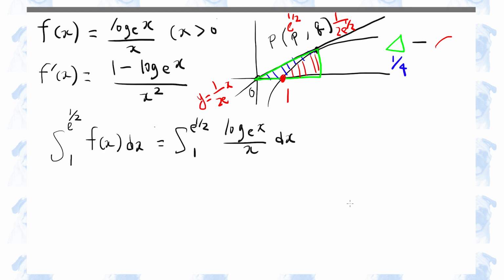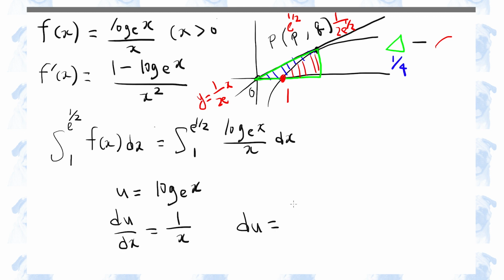To do so, we're going to use a technique called integration by substitution, or u substitution. So let u be equal to log base e of x. du dx is 1/x. Therefore, du is 1/x dx.